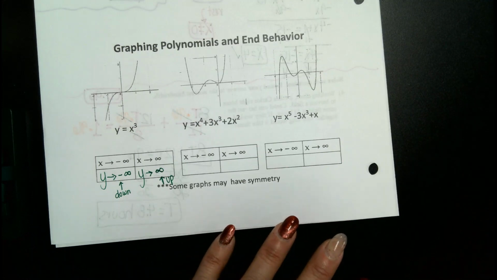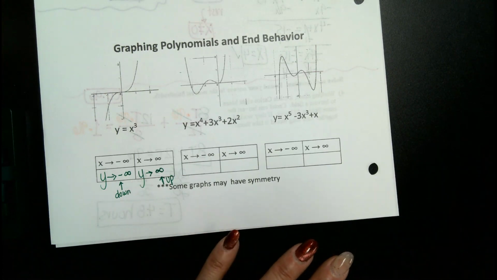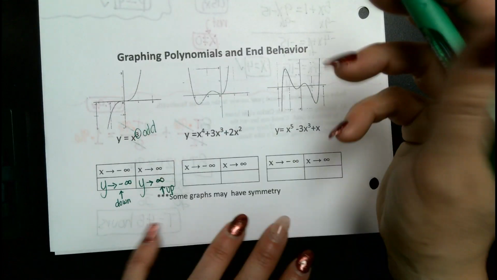One more thing I want to point out with that one. When you're done filling that out, look up at the screen, please. With odds, they should go in different directions, right? You should have an up and a down. Did we have an up and a down? Yeah. Now the one in the middle.